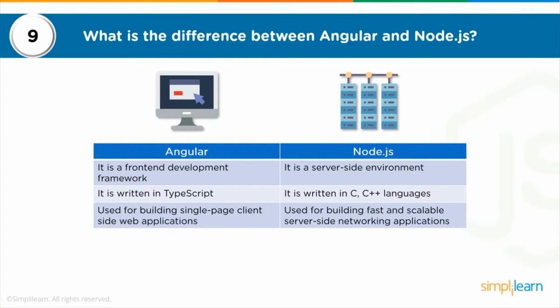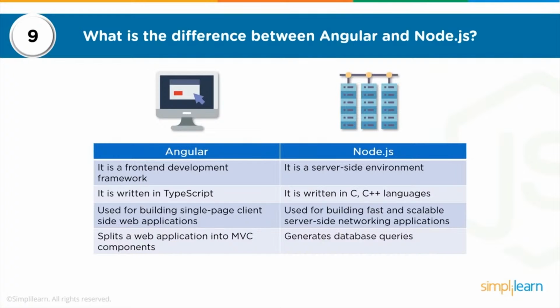Whereas Node.js is about building fast and scalable server-side network applications. Again, the two complement each other. Angular splits web applications into the MVC, model view control, components, whereas Node.js generates a lot of database queries. It does more than that as well, but you can think of Node.js as the glue to your database.